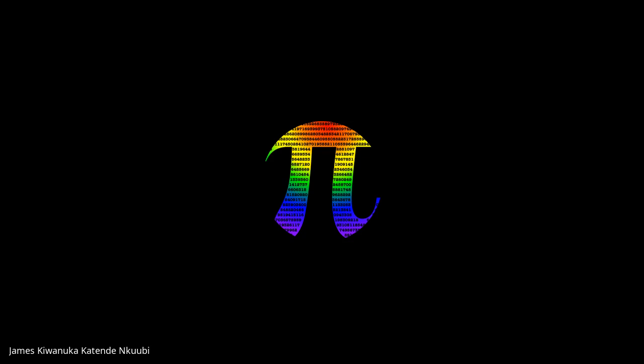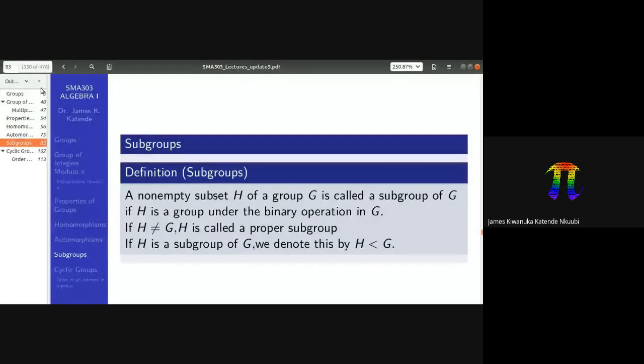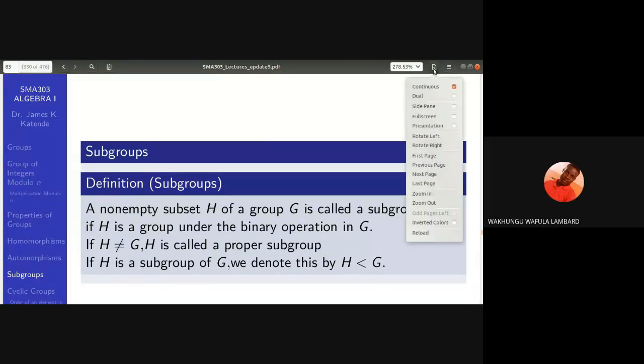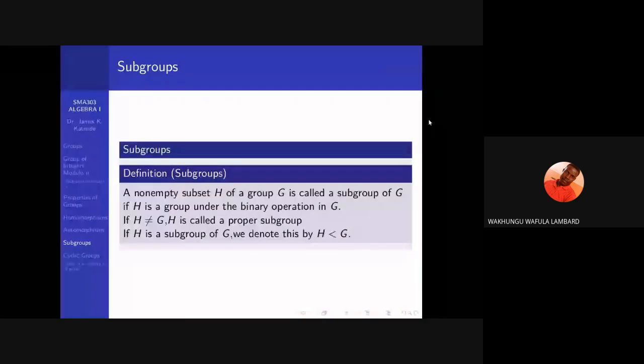So you can see my screen? Hello? Yes. We can see it. Just put it in presentation mode, then we can.